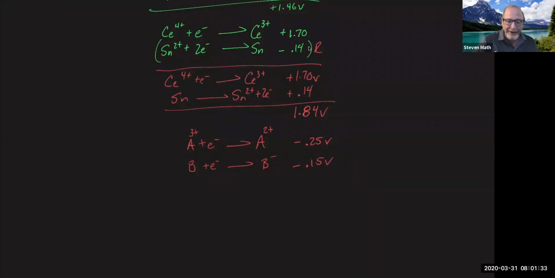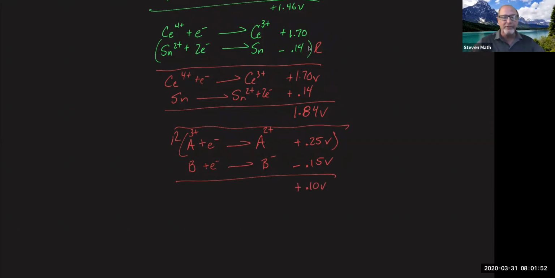Reverse the more negative. That's all we care about here. So we would end up reversing this top one, and so we would make it a positive 0.25, a negative 0.15, and we would get a positive 0.10 volts.